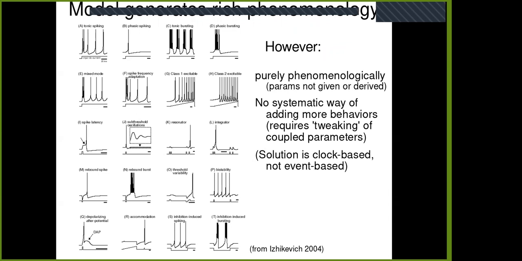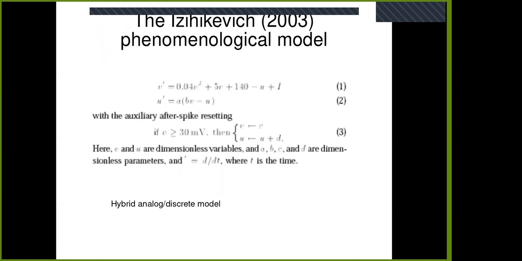However, if you go back to this equation here, it's hard to make sense out of it. I mean, where does 140 come from? And the 0.04 V squared, why 0.04 V squared? And if you look closely, this equation here, supposedly for the voltage, doesn't even have a capacitive current. A capacitive current would be linear with V, like this term, but it's positive.